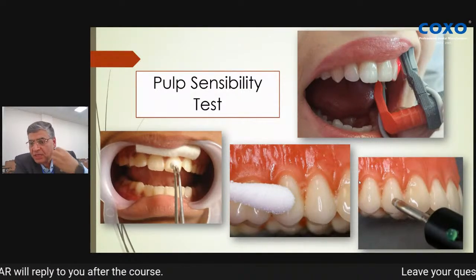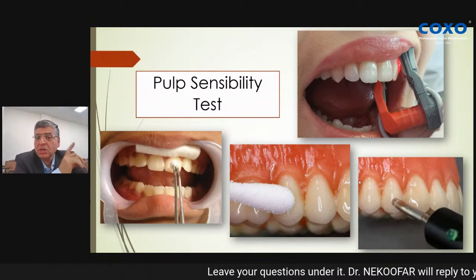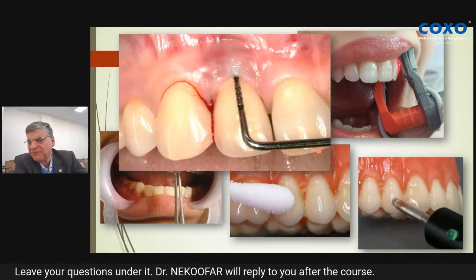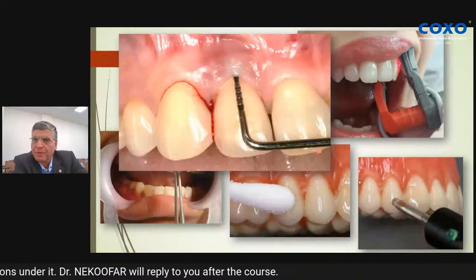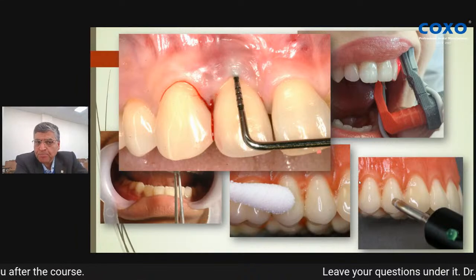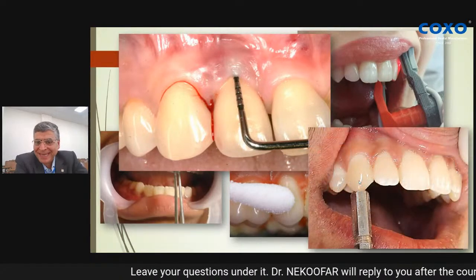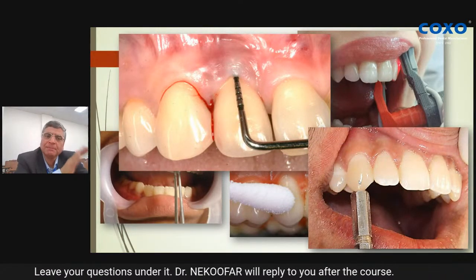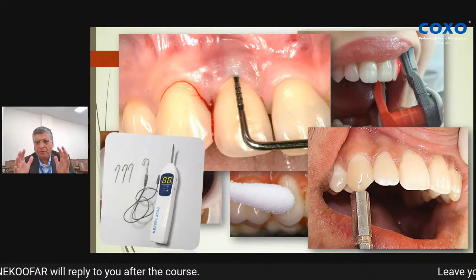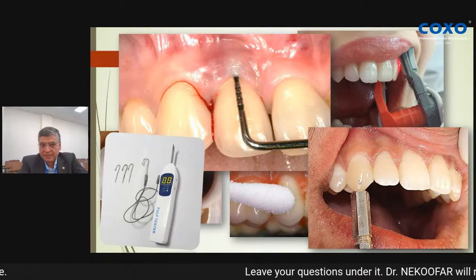Because if we don't have enough information about the pulp status, we may decide to do root canal treatment before having sufficient information about the pulp. And it is very difficult to have sufficient information about the pulp, especially when it is under orthodontic movement. Obviously, the periodontium is very important for us as well. And we need to do percussion tests, probing tests, electric pulp tests, and put all this information together to end up with a proper diagnosis.